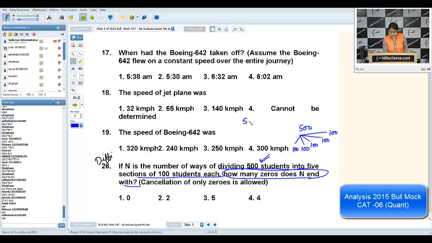So the number of ways will be 500 factorial divided by 100 factorial raised to power 5, divided by 5 factorial. Because sections have different identity, it will be section 1, section 2, section 3. Since sections are distinct, I'll multiply this with 5 factorial. That's why we are left with this expression. Now the rest of the thing is manageable for you. Is it okay, all of you?